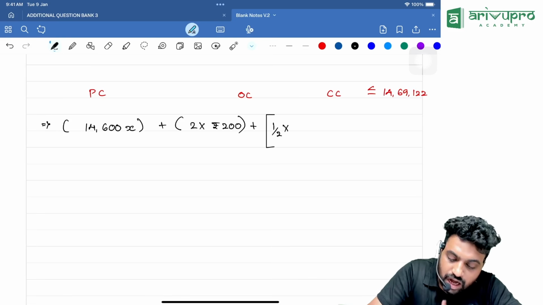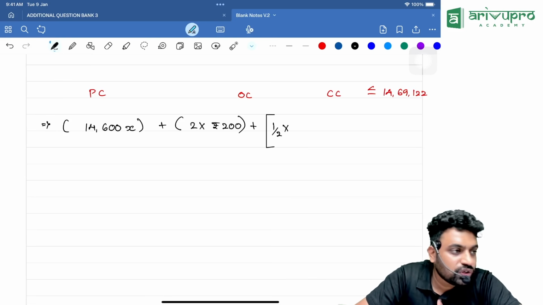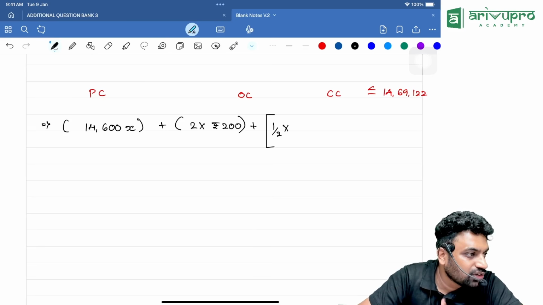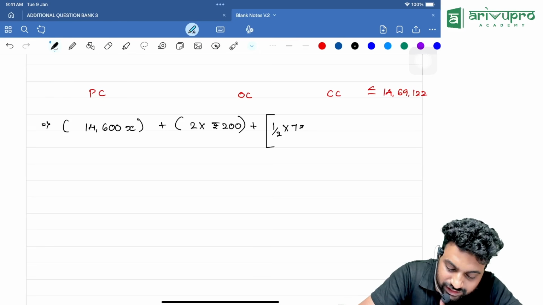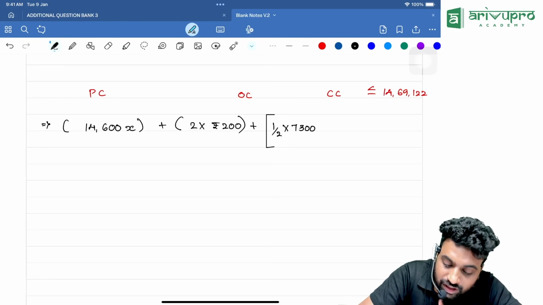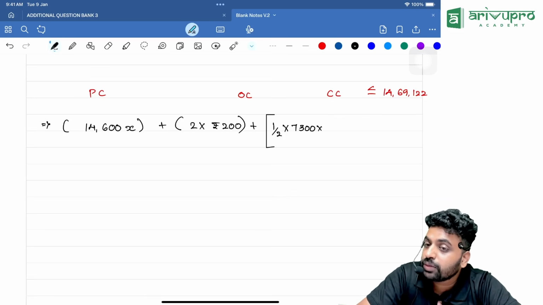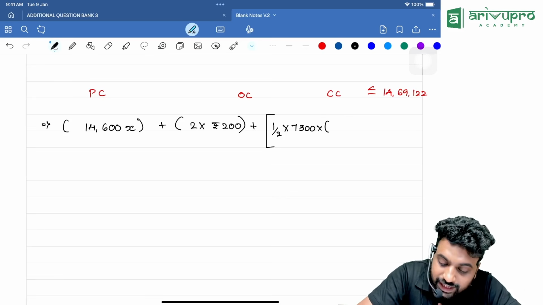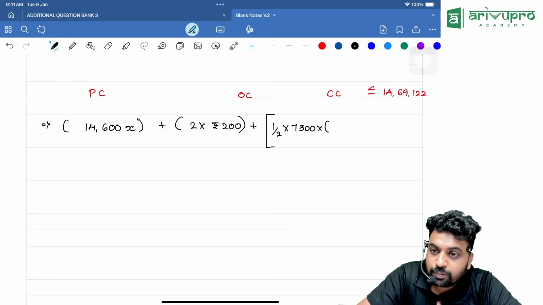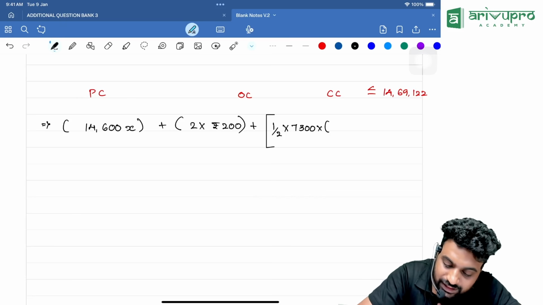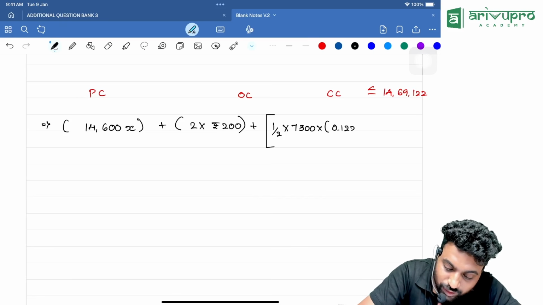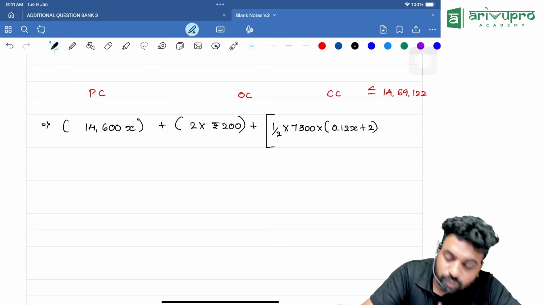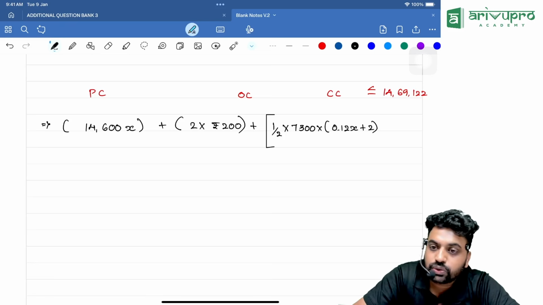Carrying cost. Half of the order size. Of course, we know that order size under quantity discount should be 7,300. Correct? Into carrying cost per unit per annum is the thing here. Concentrate. Carrying cost per unit per annum is X into 12%, 0.12x plus there is a constant 2 rupees with that. Plus 2.